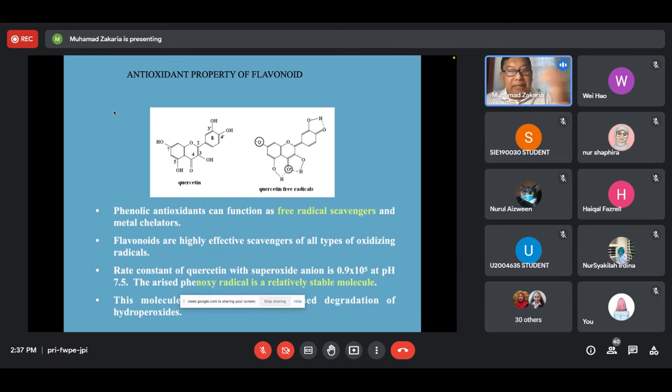Hydroperoxides are substances produced by body metabolism that can cause injury to the tissue. So body tissue can get injured when the body produces a lot of hydroperoxide. So taking some of these flavonoids, which have free radical scavenger activity, destroys this peroxide.